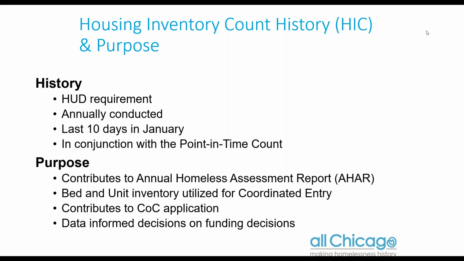These two processes feed into what's known as the AHAR, the Annual Homeless Assessment Report, which is a federally mandated report that is sent to Congress on behalf of HUD. This is used to identify funding amounts for the continuum of care, or to HUD for the issue of homelessness prevention and response.